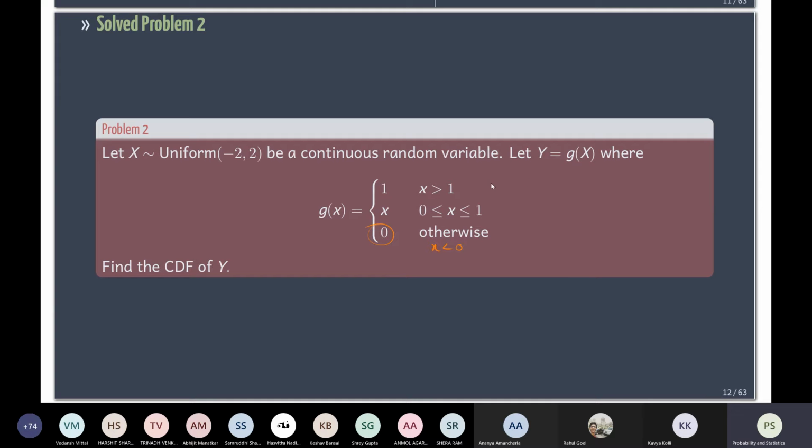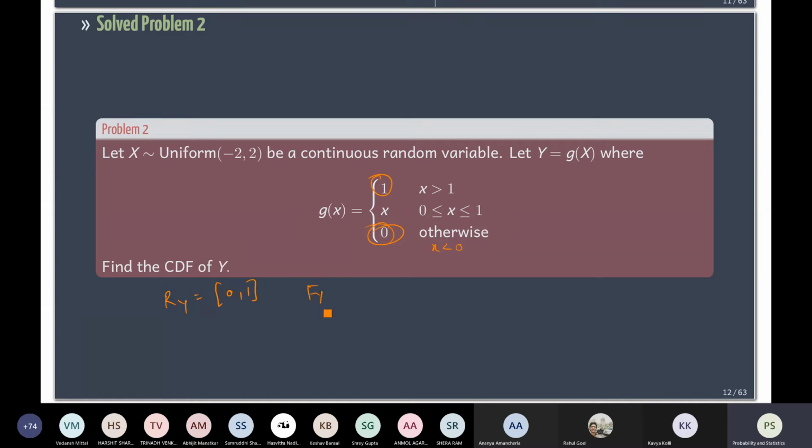So the range of y will be 0 to 1. These are the possible values that y takes. The maximum bound it takes is 1 and the lower bound is 0. So that's the range of y. And from looking at the range, we get the boundary values of the CDF.